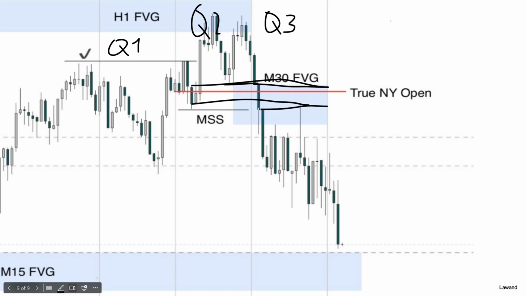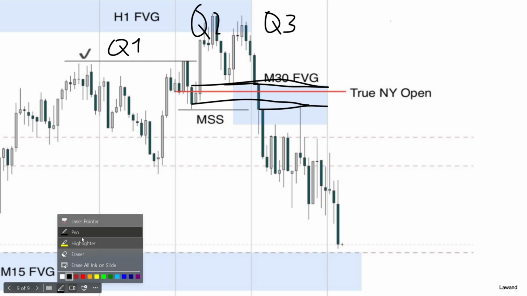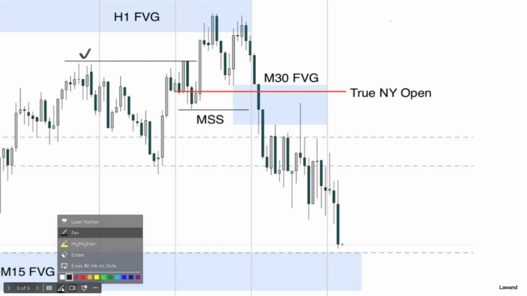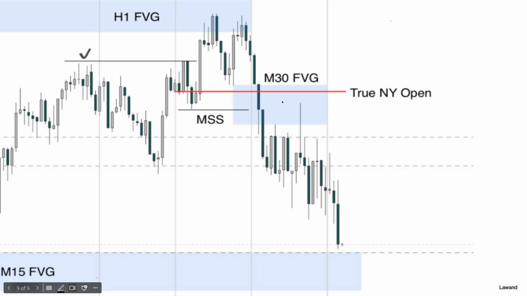We look, we wick. Well, for this, let me show you something, guys. Why was this gap important? Why not this? Okay, if you look at true New York open, all right, at 7:30, if you look at that, we closed a body below this true open. Extend that, we closed below it.